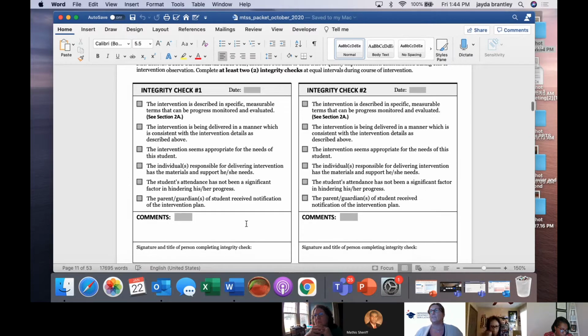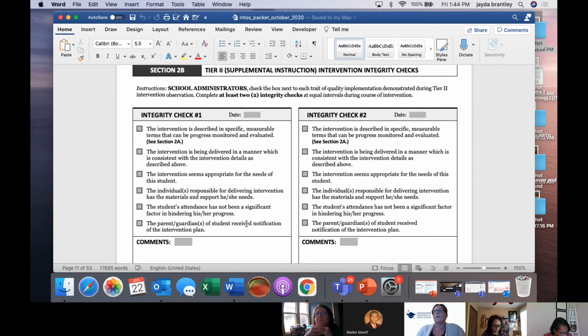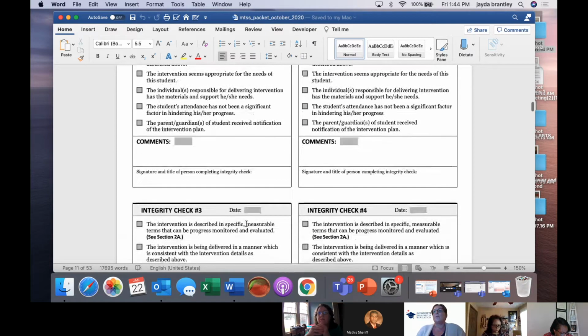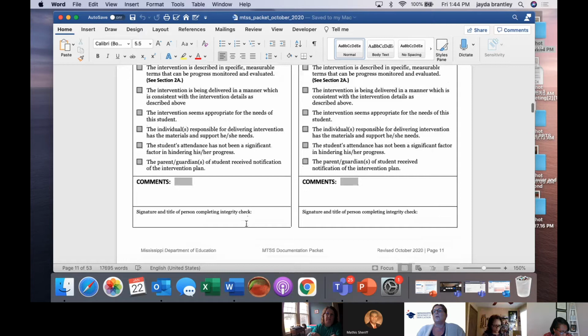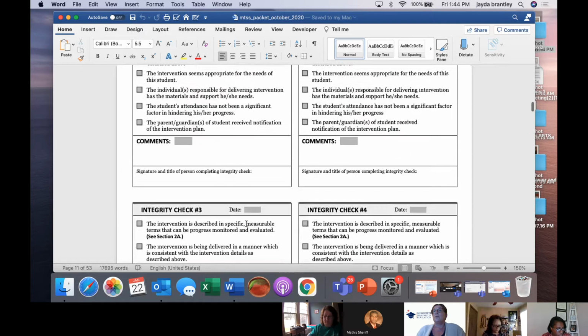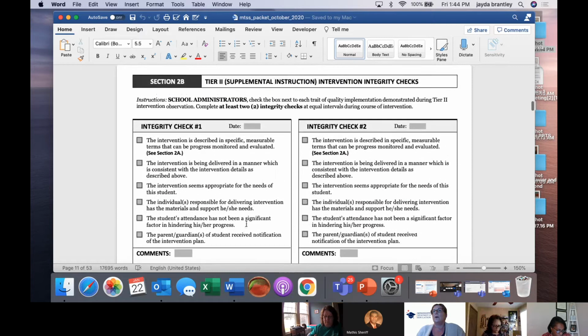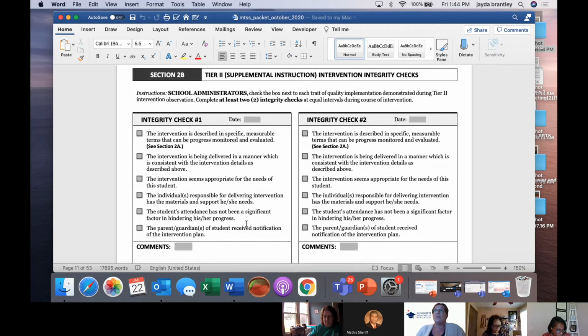Okay, so I'm looking at this integrity check. Is there somewhere to indicate the student's name? With this integrity check, we're checking for instruction of the intervention. You just pointed out something great that we might need to add.